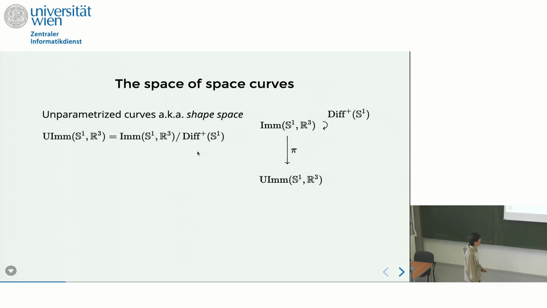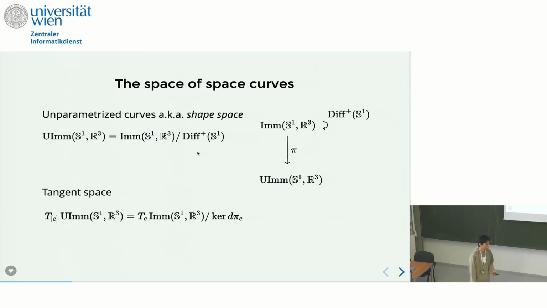And the tangent space is just the tangent space of the immersions modulo the kernel of the fibration pi. The kernel of pi looks like this. This is just a collection of tangent vectors, or vector fields over the curve, that do not change the shape of the curve. So this is a vector field tangent to the curve tangent.